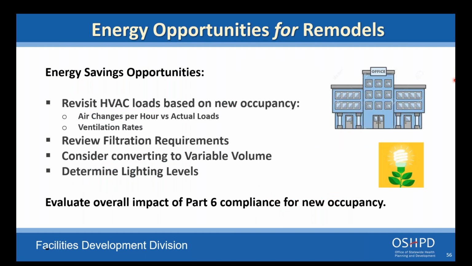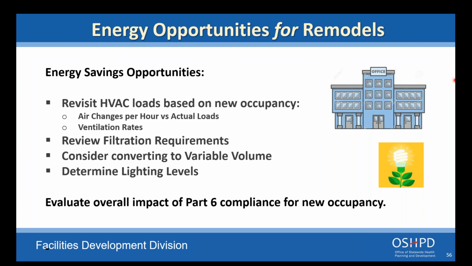Okay, as Dave was mentioned before, there are opportunities for savings. So you can revisit the HVAC loads based on new occupancies when you're applying these, and you may have different air changes or required ventilation rates that you may experience some savings. You might relook at the existing filtration requirements at the time.